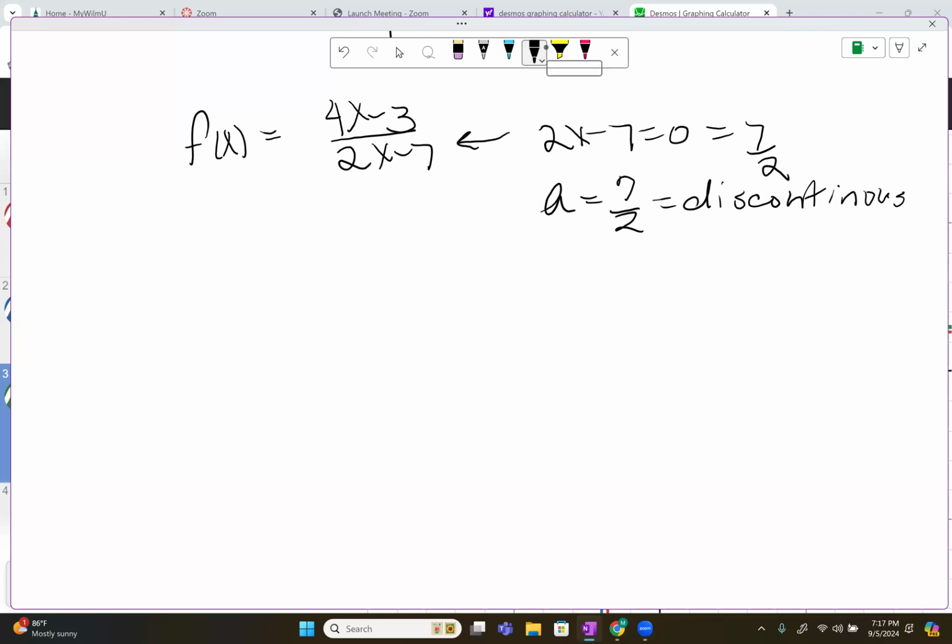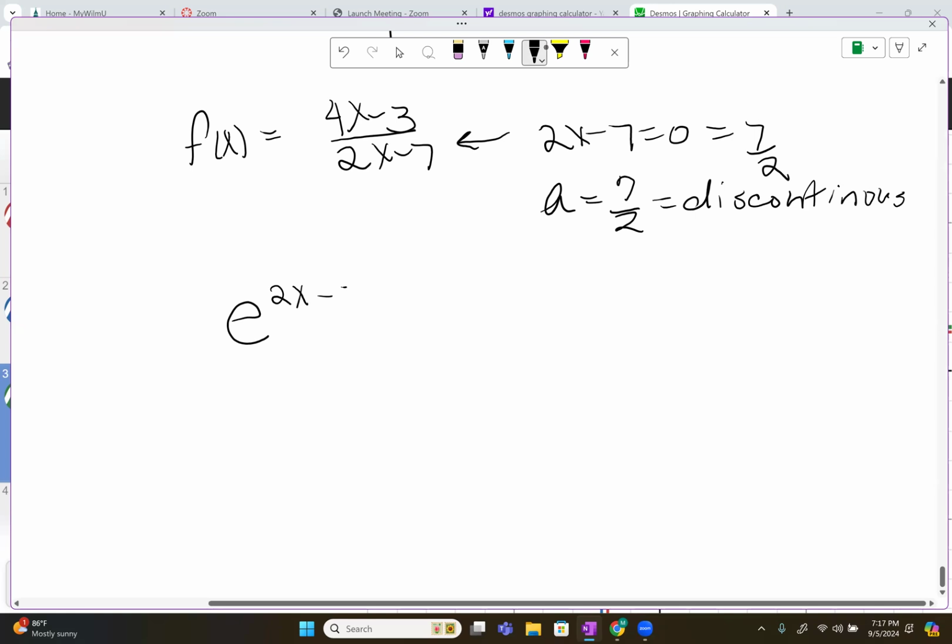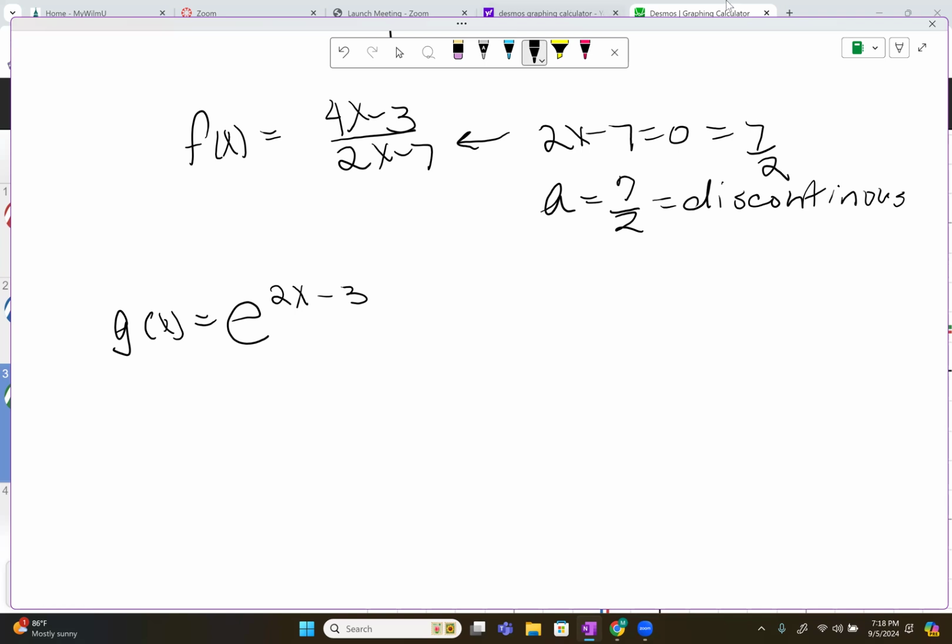What if I have e to the 2x minus 3, and this is some g of x. Is this continuous for all x? I think yes, it is.